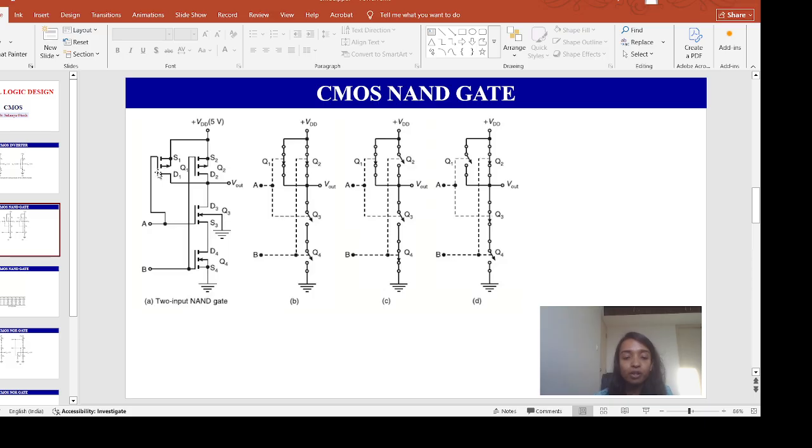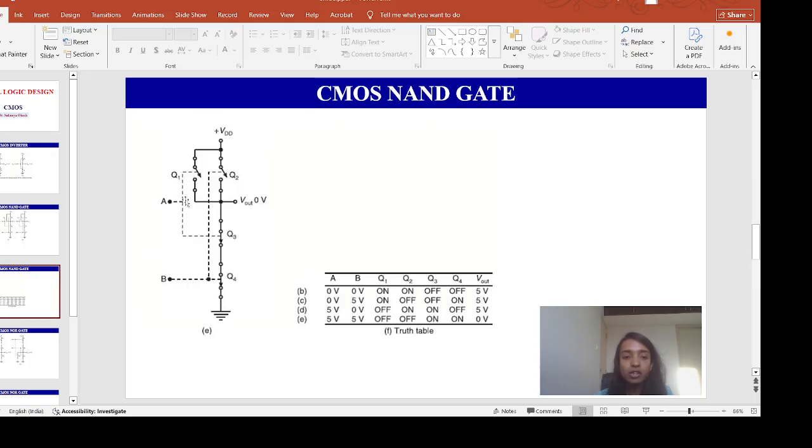So Q1 will be off, Q2 will be off, Q3 will be on, and Q4 will be on. So this switching circuit is shown here, and in this condition the output will be 0 volt. So all the different conditions that we have applied are shown here in the form of the truth table.